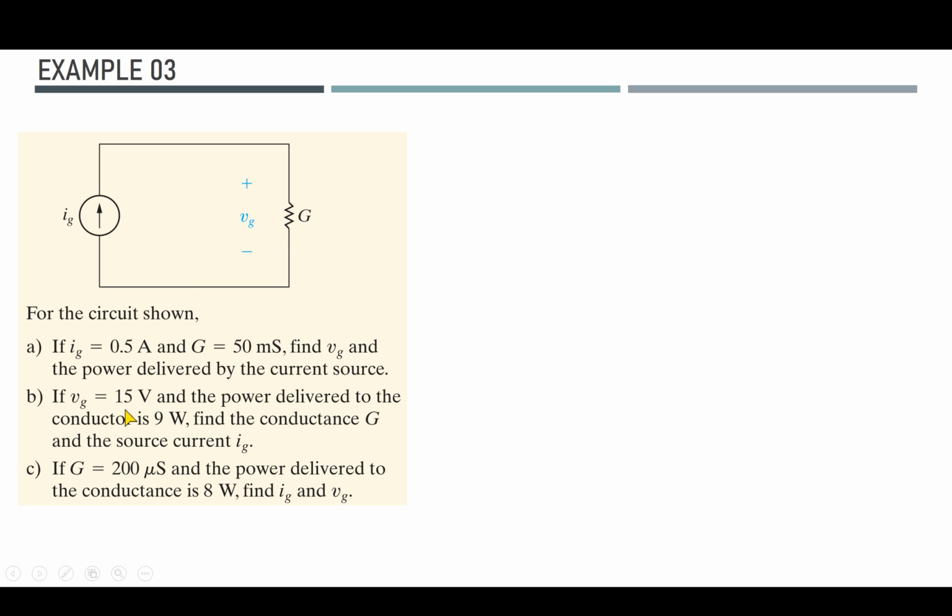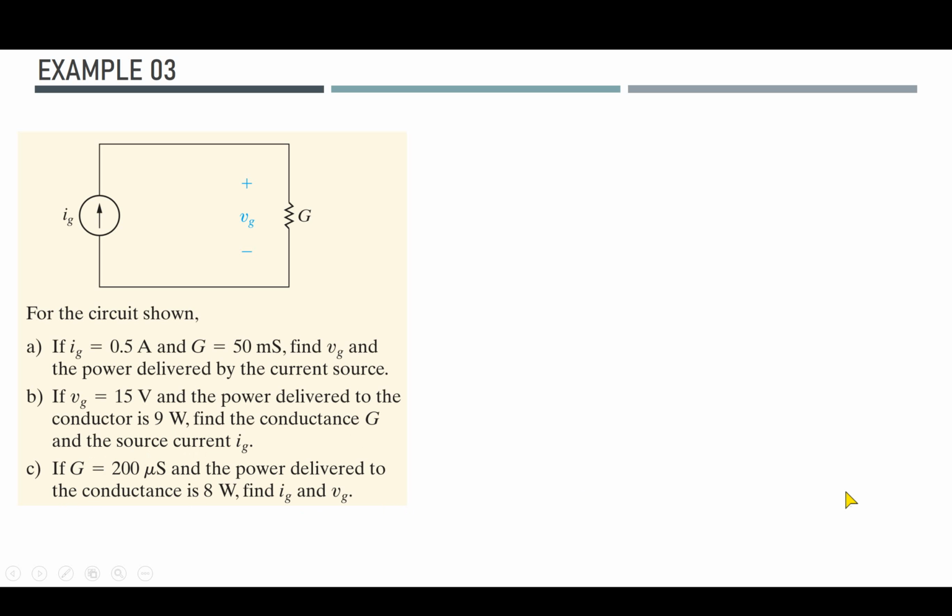If Vg is 15 volts and the power delivered to the conductance is 9 watts, find the conductance G and the source current Ig. If G is 200 microsiemens and the power delivered to the conductance is 8 watts, find the Ig and Vg.